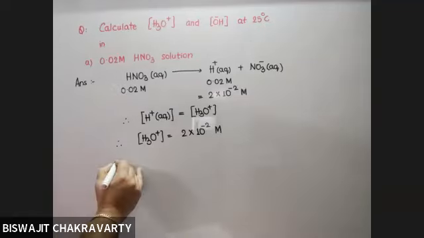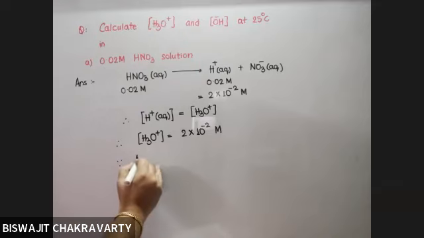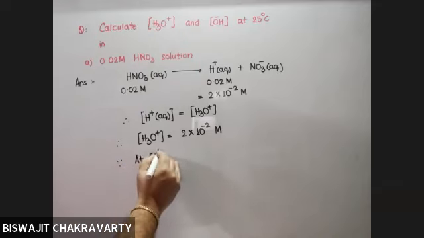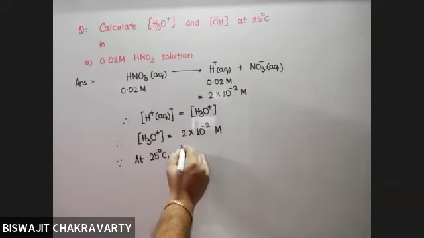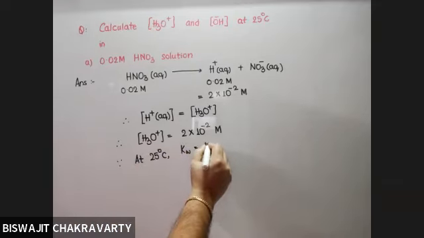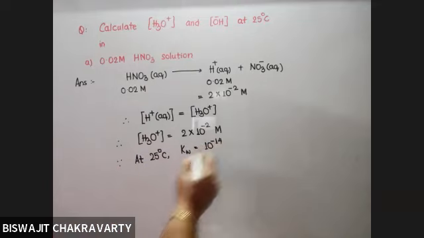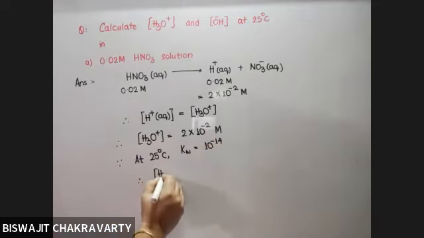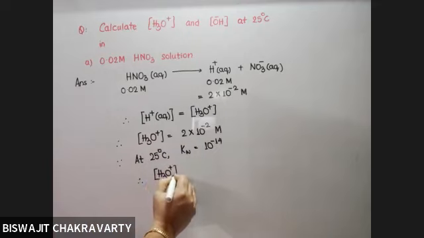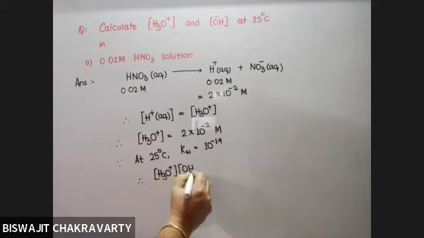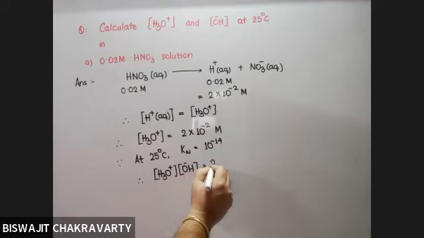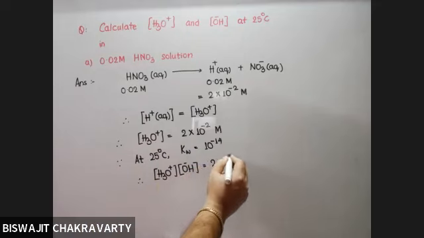Now, at 25 degrees Celsius, the Kw value is already known to us. Kw is equal to 10 to the power minus 14. So therefore, H3O+ multiplied with OH- equals 10 to the power minus 14. Or OH- will be equal to 10 to the power minus 14 divided by the H3O+ concentration, which is 2 into 10 to the power minus 2.